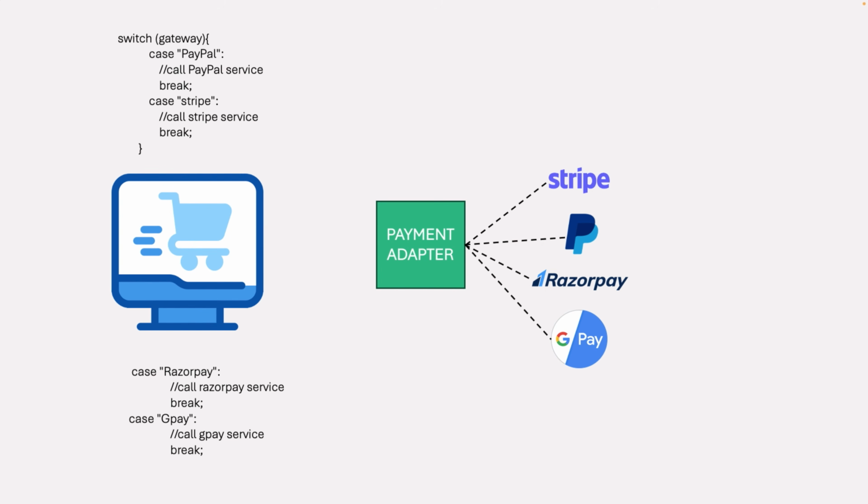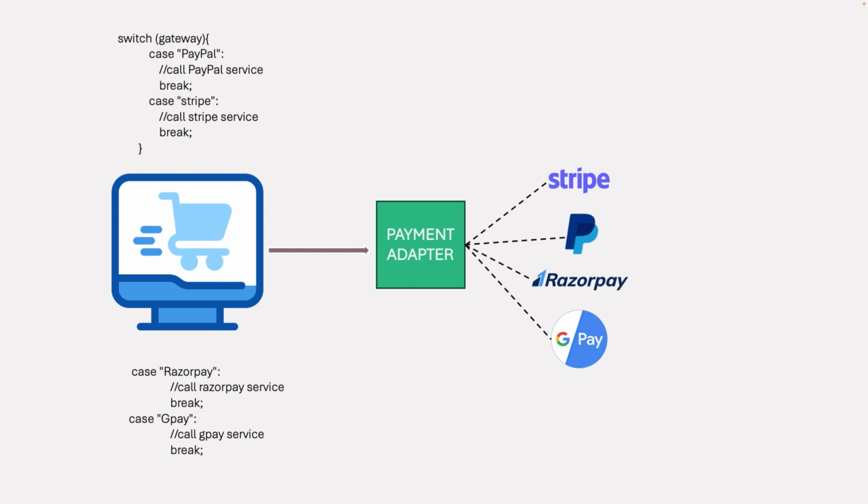Now my application will not directly connect with different payment gateways, rather it will connect only to the payment adapter, and this payment adapter will connect to all the different payment gateways and make them compatible to work together for your system.